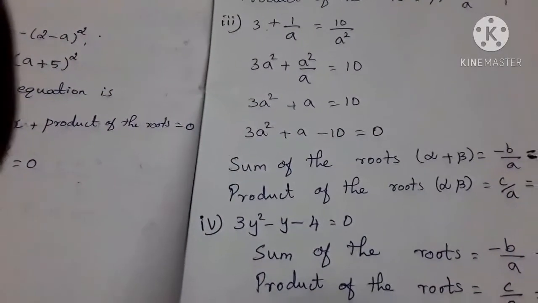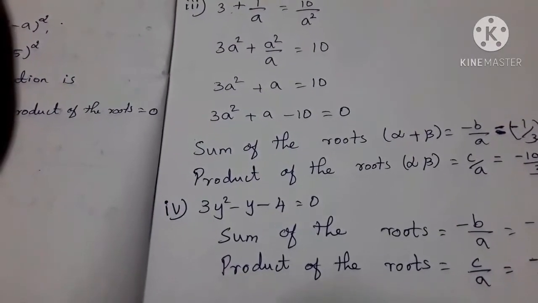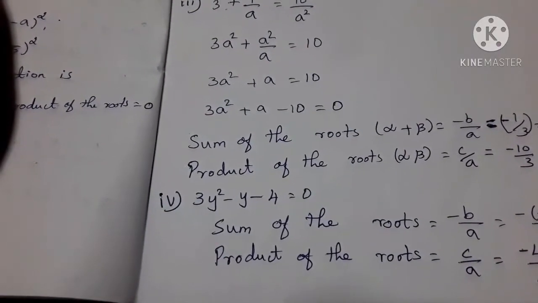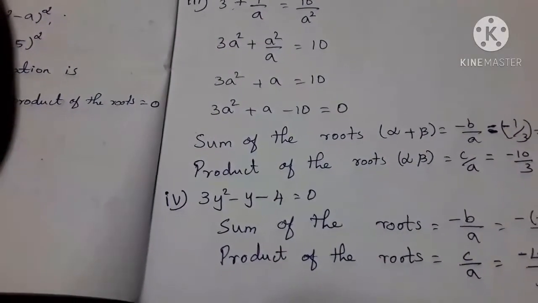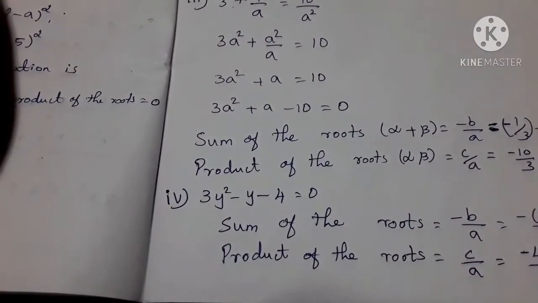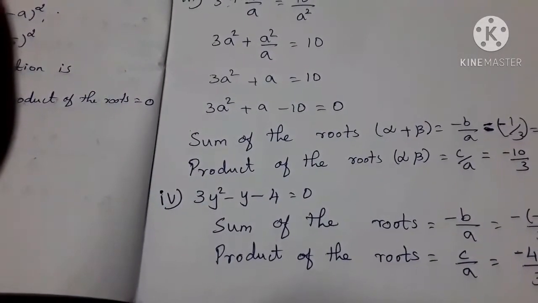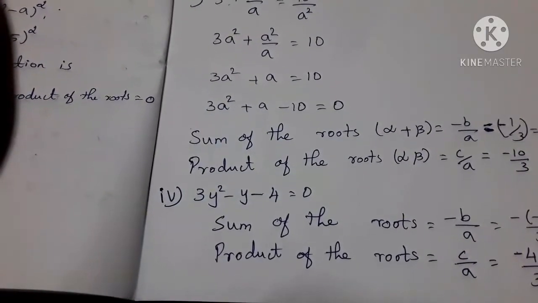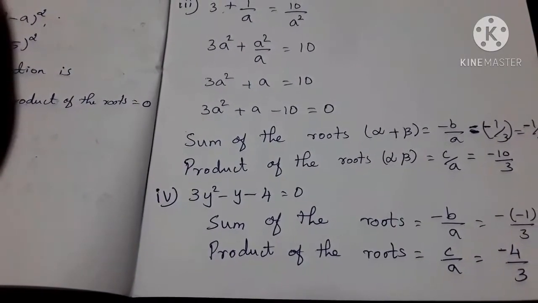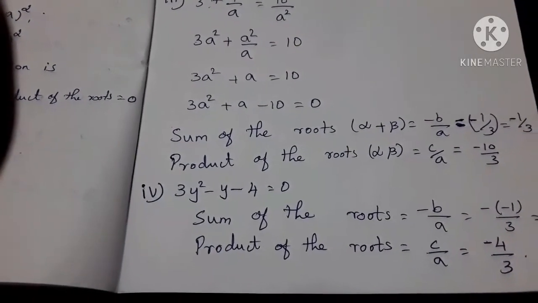Do you know the general form for the formation of a quadratic equation? Yes: x squared minus sum of the roots times x plus product of the roots is equal to 0. The sum of the roots, alpha plus beta, is equal to minus b by a. The product of the roots, alpha beta, is equal to c by a.